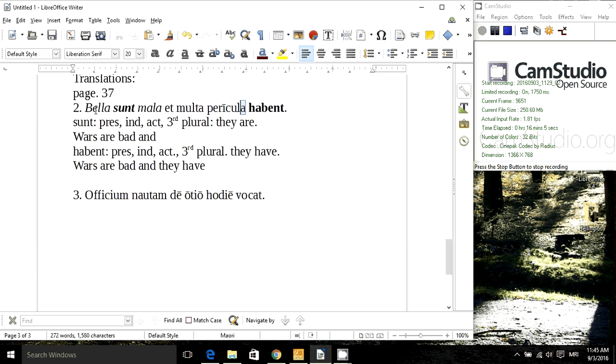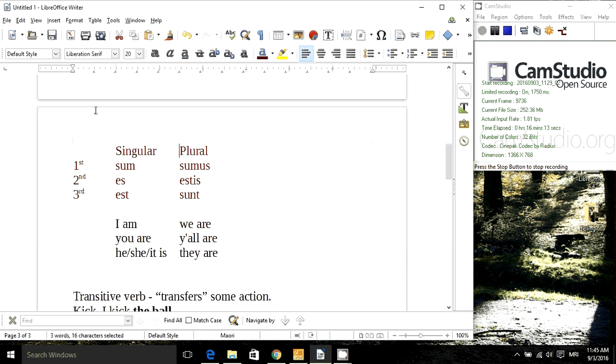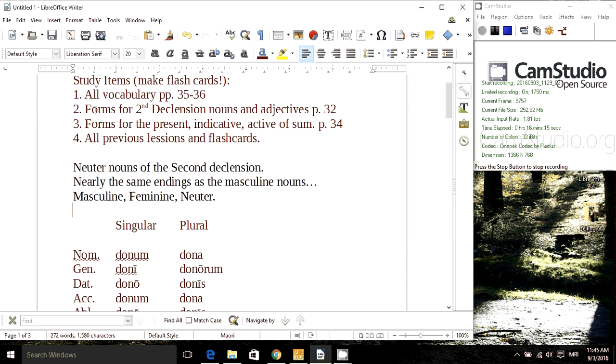No. I remember in the neuter, the nominative and the accusative have the same ending. So we saw that up here. The nominative and the accusative, plural, have the same ending, right? Ah.